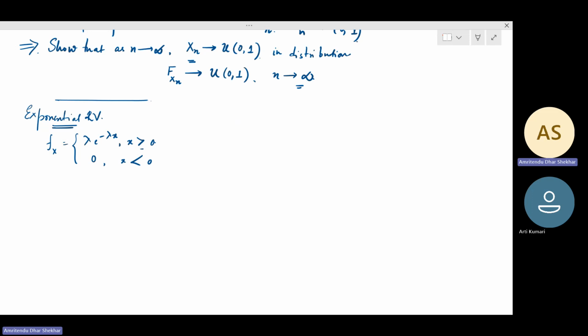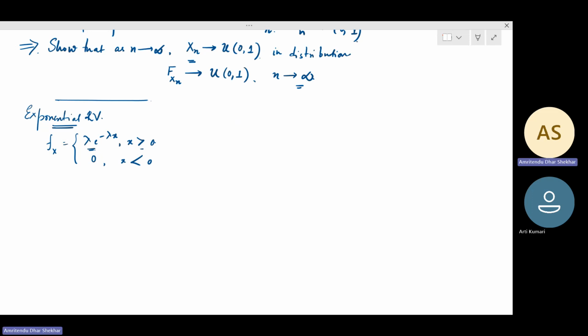So an exponential random variable is parameterized by this lambda. Lambda is some positive constant.